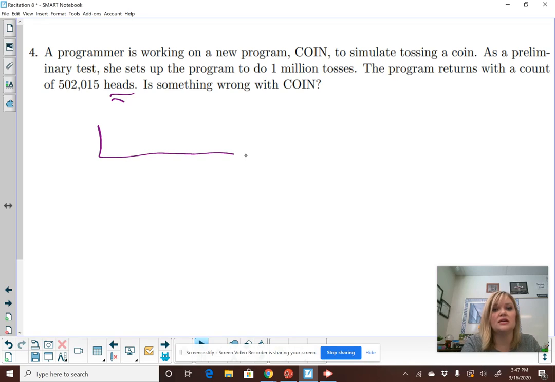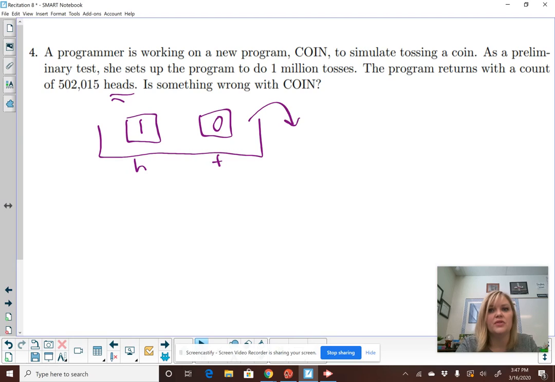So that means in our box model, we only want to count the heads of a coin, not the tails. So we're just going to have a 1 and a 0, right? Because that's counting the heads and this is the tails. And then this program did 1,000,000 tosses.